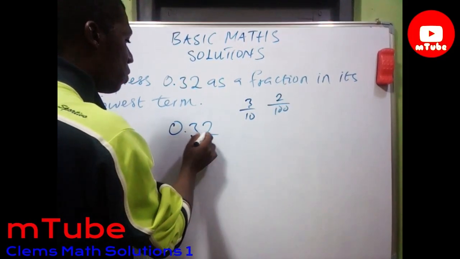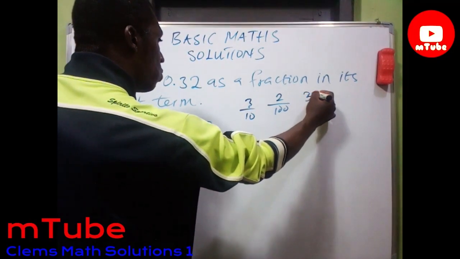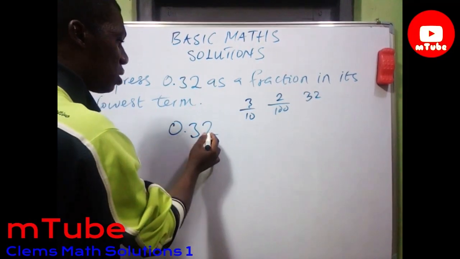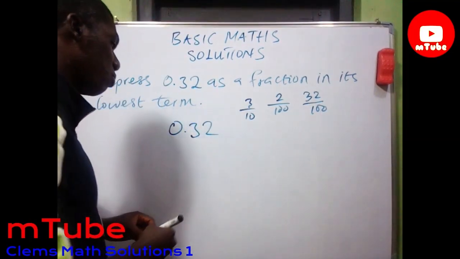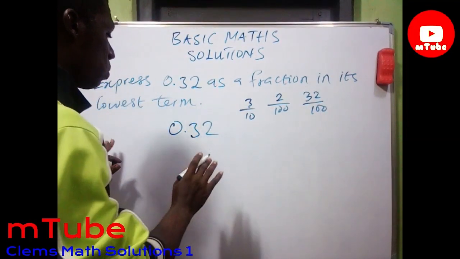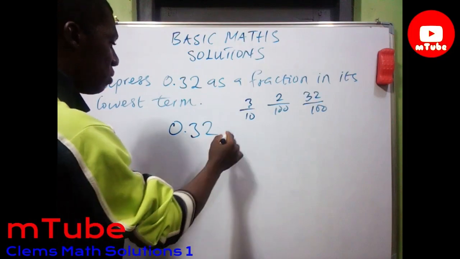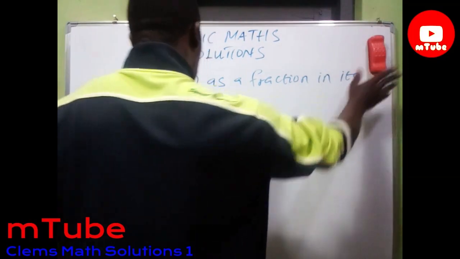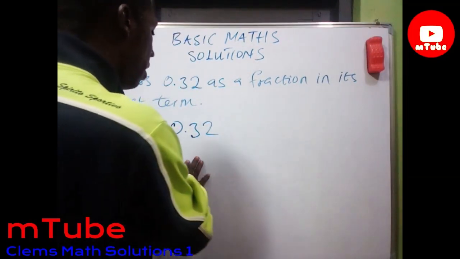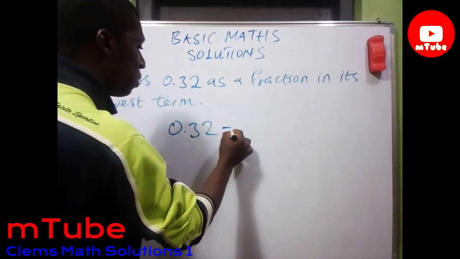And the two digits together, since you have 2 digits, must be a fraction of 100. So in expressing a decimal number as a fraction, you must do it this way.